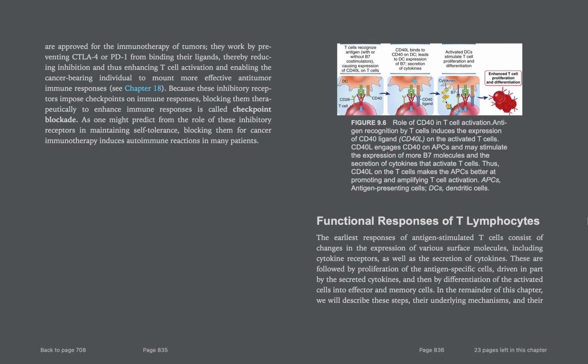Because T cell inhibitory receptors impose checkpoints on immune responses, blocking them therapeutically to enhance immune response is called checkpoint blockade. As one might predict from the role of inhibitory receptors in maintaining self-tolerance, blocking them for cancer immunotherapy induces autoimmune reactions in many patients.